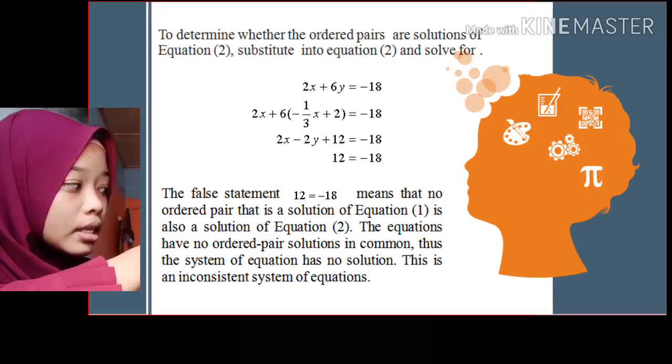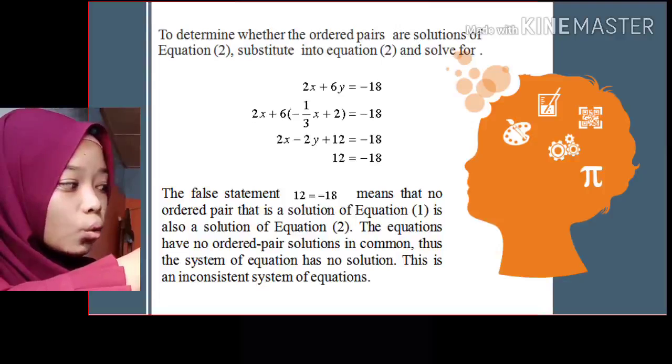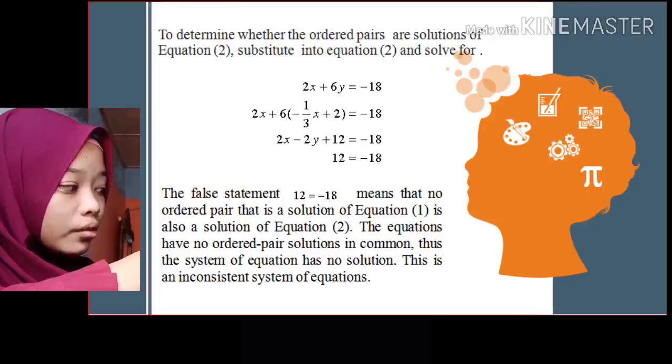2x plus 6 times (minus 1 over 3 x plus 2) equals minus 18. 2x minus 2x plus 12 equals minus 18. 12 equals minus 18.